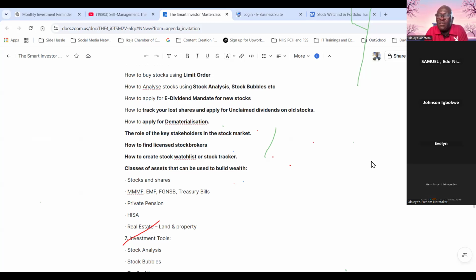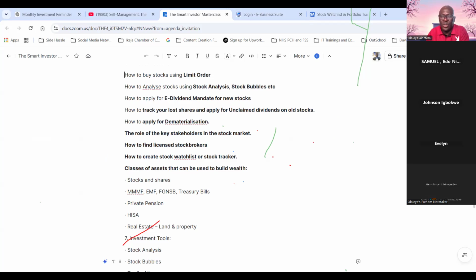You can request for the e-dividend form and fill it manually. But I really don't know why anybody will want to do that, be requesting for a manual form, when you can do it online. Once you buy your stock, what Stanbic normally do?